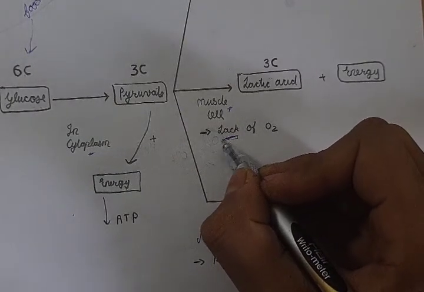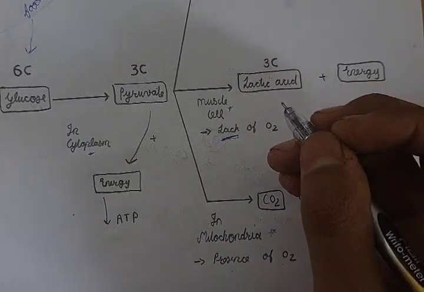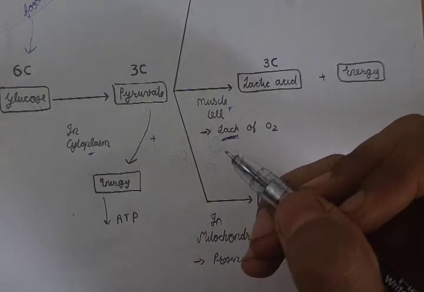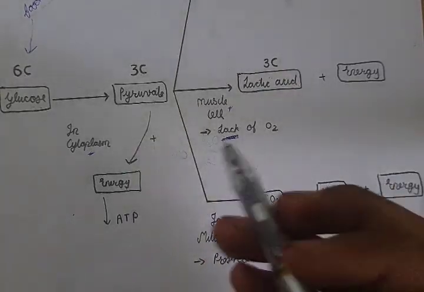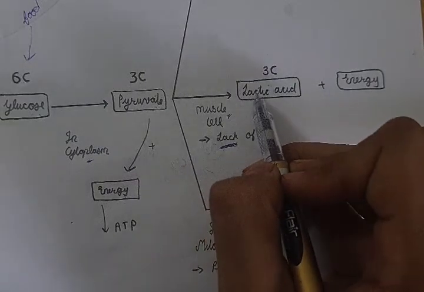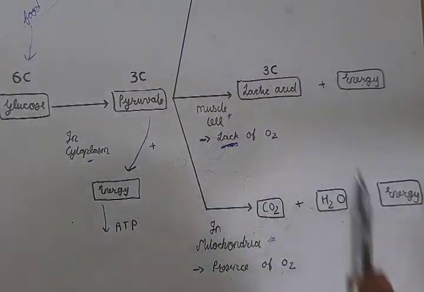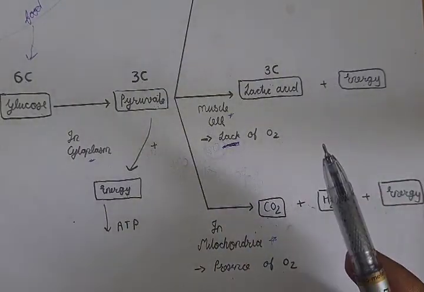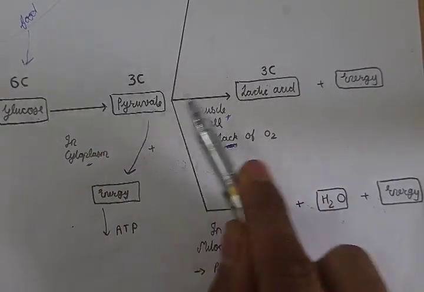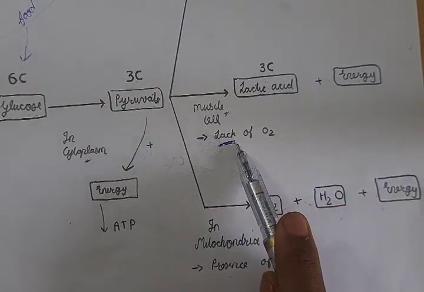Normally we are getting oxygen to do our respective work, but if we require more oxygen and we do not get it, then what happens? We all know that if we play we will require energy. So in that case, the muscle cells convert pyruvate into lactic acid, and in this process energy is released, because the topic is that we are deriving energy from glucose. So the pyruvate is broken down into lactic acid in muscle cells when there is lack of oxygen.